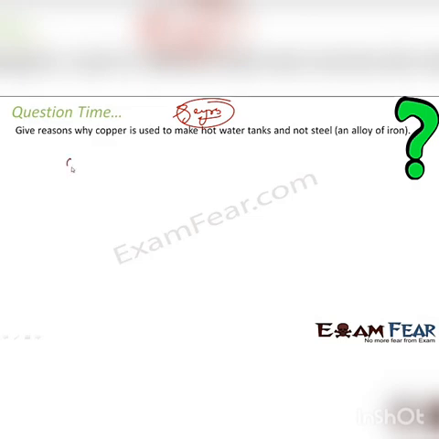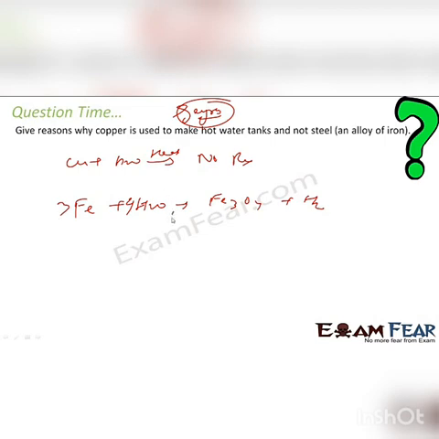If you take copper and water, even if you pass heat, if you make it warm, there is no reaction, right? But when you take iron and react it with water, you get Fe3O4 plus H2, and you need heat.